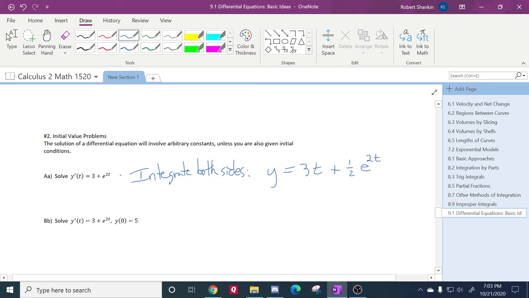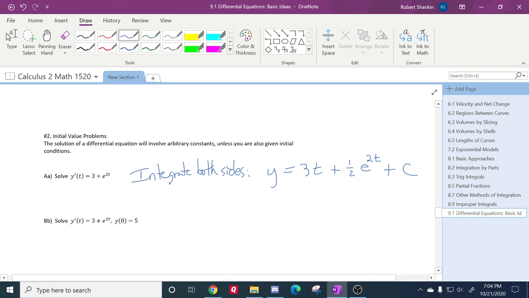Technically speaking, to integrate it, I'm supposed to do a u substitution, but I can just guess and get this. And then also, there's a plus c. Solving a differential equation, now this is a simple type, introduces an arbitrary constant.